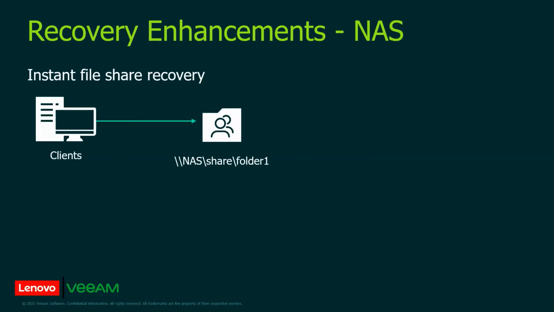The other capability that we were adding with V11, relative to particularly Lenovo DM, is this: say you have a running DM and you have NAS presentation, you have SMB shares or NFS shares that you're presenting from NAS on DM. With V10, we of course built a NAS backup capability into VBR, so that we're able to back up NFS and SMB shares.